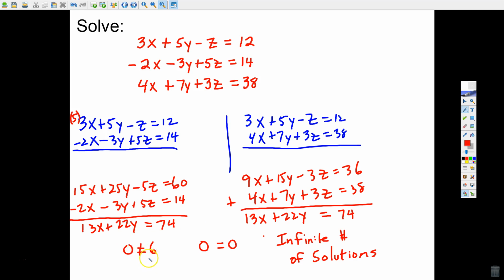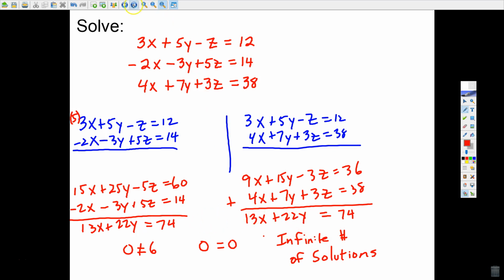Obviously, that's not the case. So if you end up with a false statement in any way with either one of these pairs, then that makes your answer no solution. But I wanted you to have a look at two different ways that infinite number of solutions could appear in your answer.